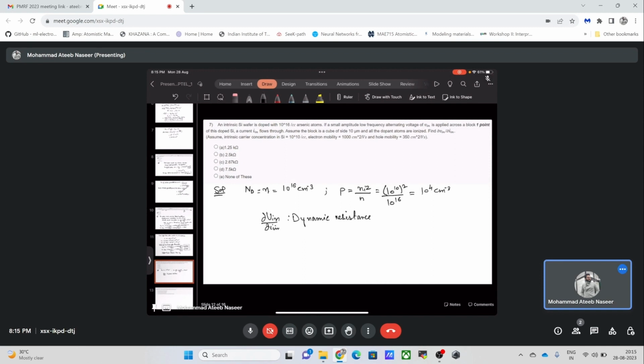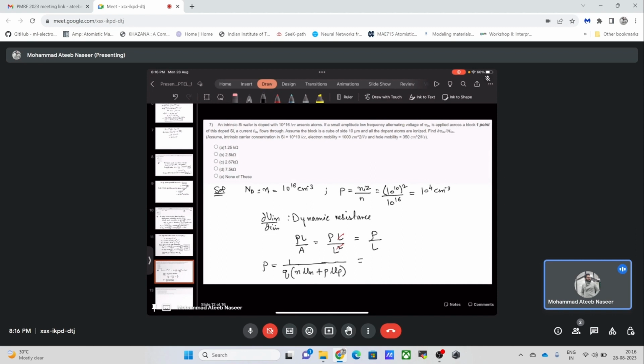It is simply given by rho L by A. So it is rho L. Since this is a cube, area will be L square. L and L will go, and we will have rho by L. Okay, but rho is simply 1 by q times n times mu n plus hole concentration times the hole mobility.